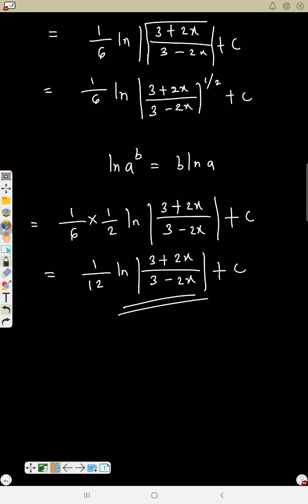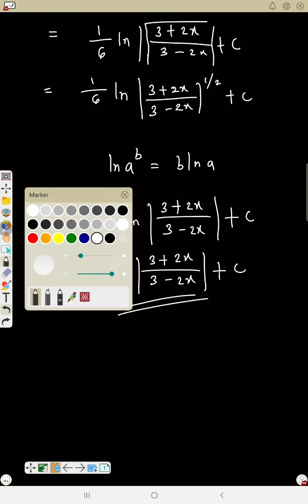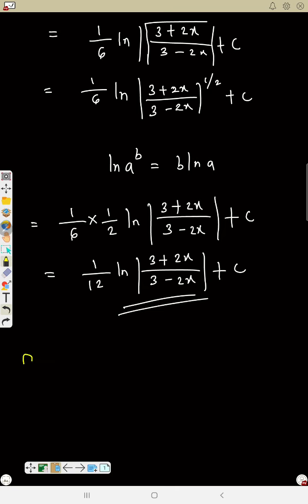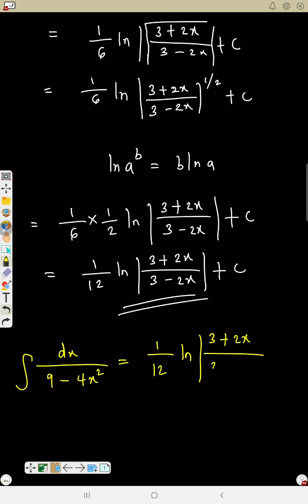So that is the answer. So that means the integral of ds divided by 9 minus 4s squared is equal to 1 over 12 ln (3 plus 2s divided by 3 minus 2s) plus c.